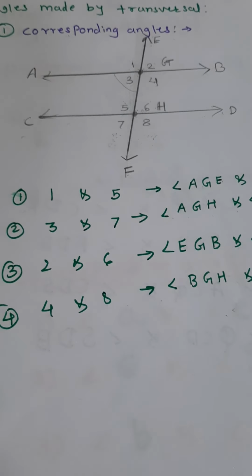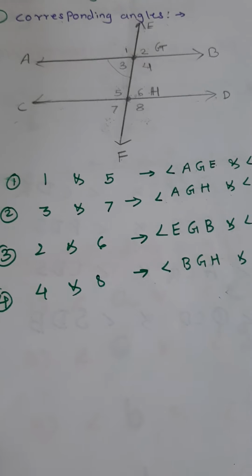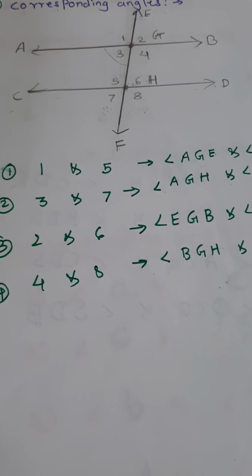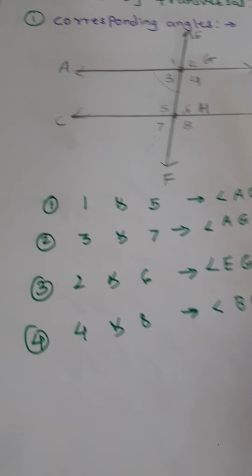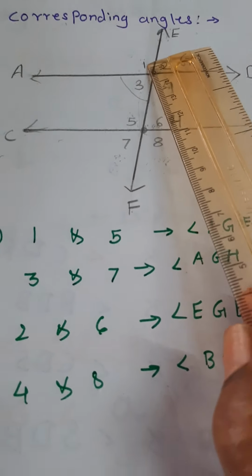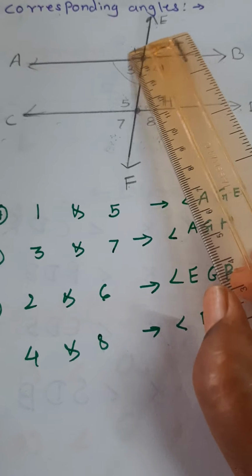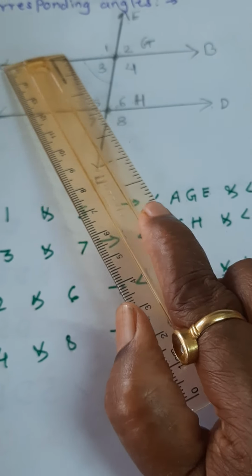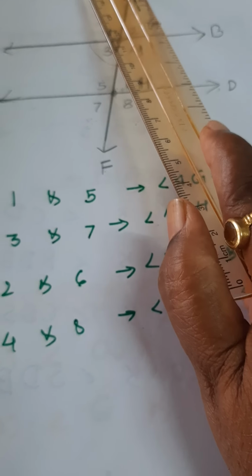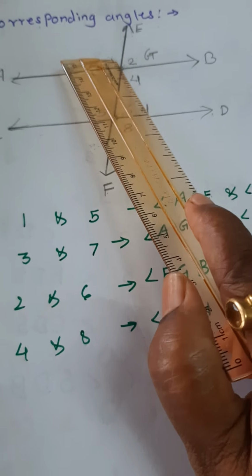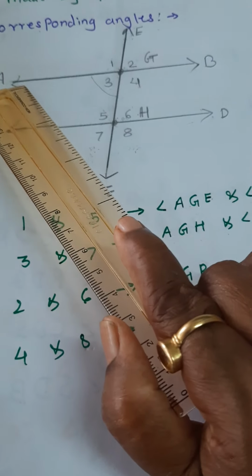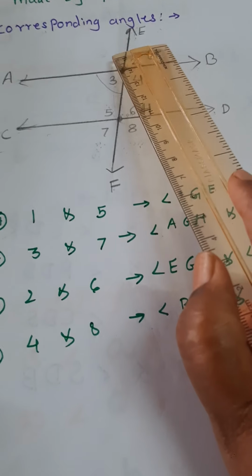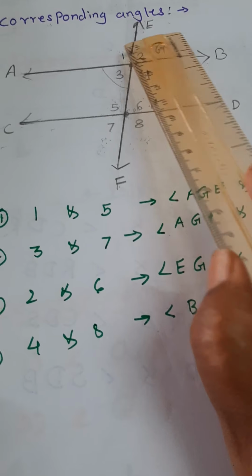It is found very simply by using the numbers, but you must know how to read the name of the angle using 3 letters. Now we see the name of angle number 1. How has it been formed? Like this: A, G, E. The name of angle number 1 is AGE, and the corresponding angle of number 1 is angle 5.